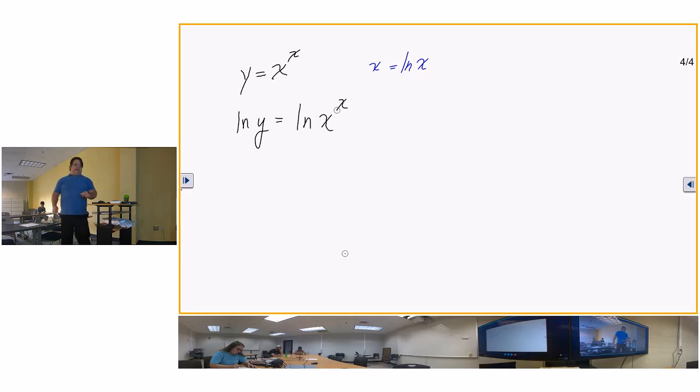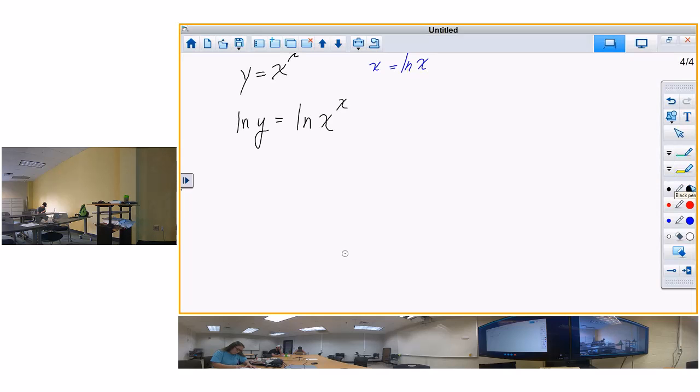And when you bring the x out front, that's going to give you what we had a while ago. Take the derivative of that.